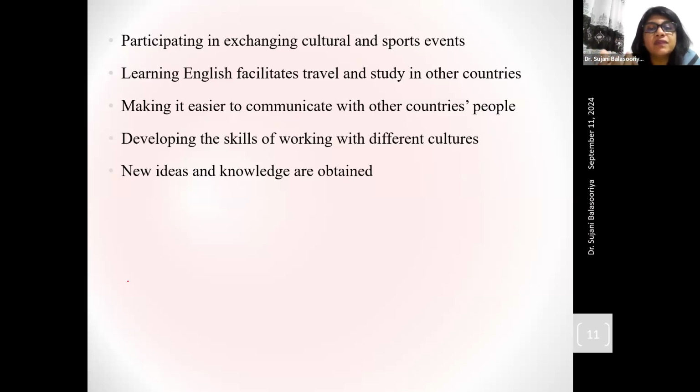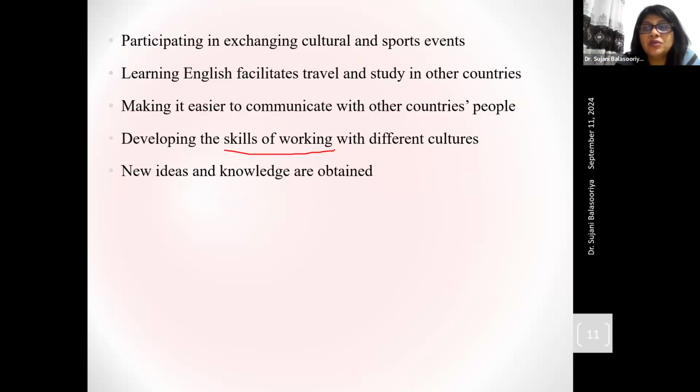Developing the skills of working with different cultures. Developing skills of working is the highlighted idea. You know, work culture, right? Work skills, employment, that field we are talking about here.